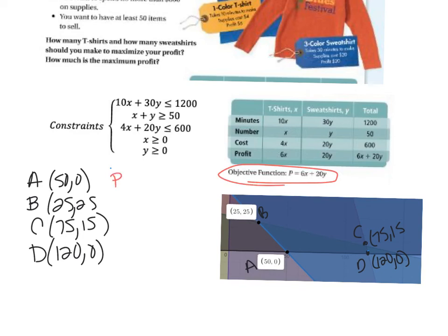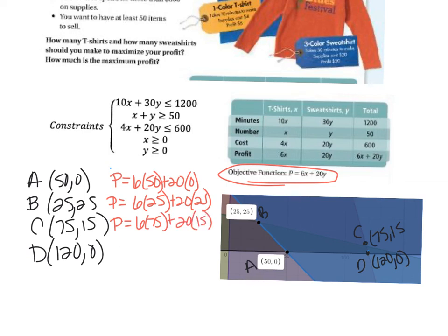So I would have P equals 6 times 50 plus 20 times 0. On this one, P would equal 6 times 25 plus 20 times 25. For C, it would be 6 times 75 plus 20 times 15. P would equal 6 times 120 plus 20 times 0.